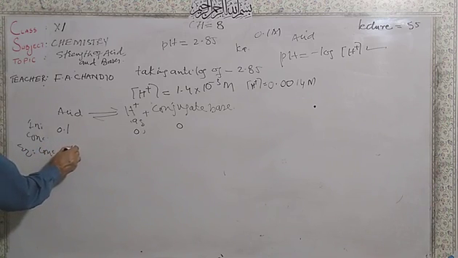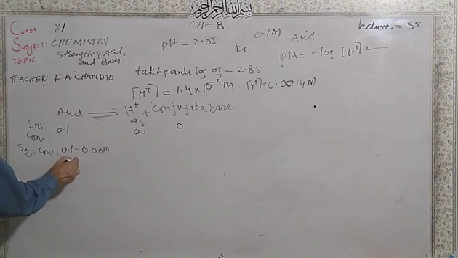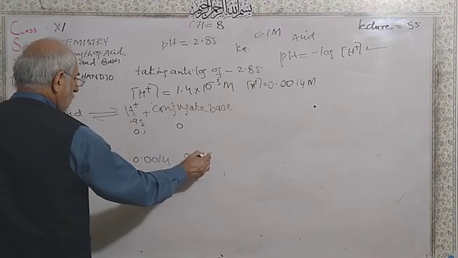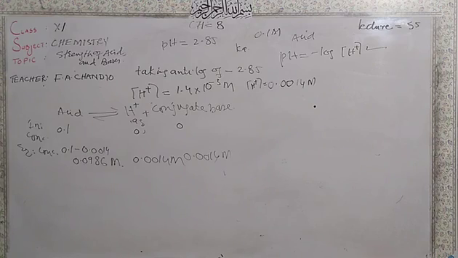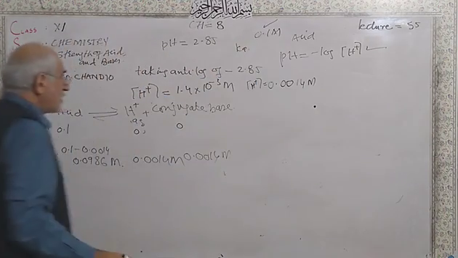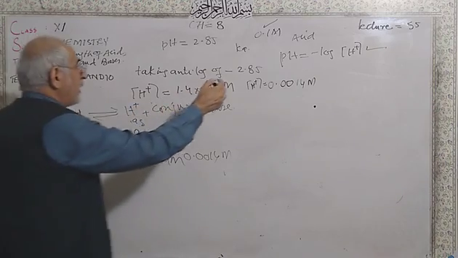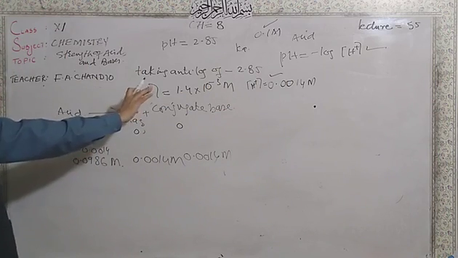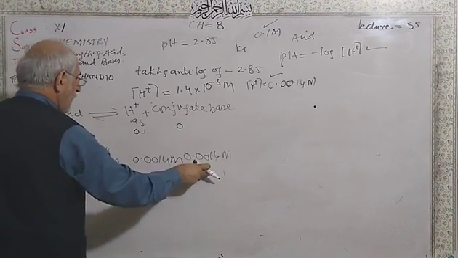So 0.1 minus 0.0014 gives 0.0986, and the hydrogen ions and conjugate base are each 0.0014 molar. Initially the acid is 0.1 and the products are 0; at equilibrium I subtract because the reaction goes in the forward direction: 0.0986 M for the acid, and 0.0014 for the hydrogen ions and for the conjugate base.